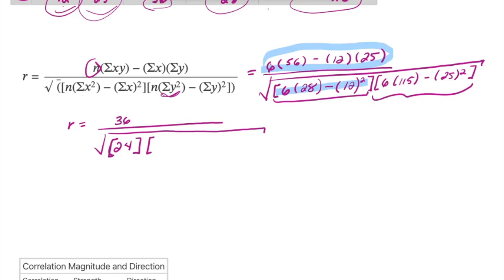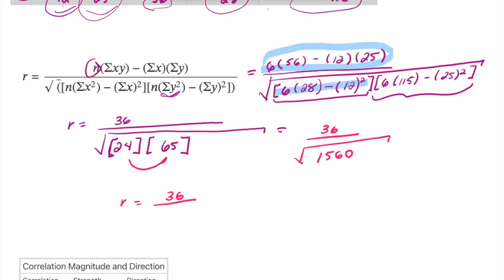So that is 65. I'm going to use a different color just so you don't get confused. So 36. We're going to multiply those two. We haven't taken the square root, so when we multiply those, that's what we get. And then we take the square root of that, and it's 39.5. We do this division, and that is 0.91.